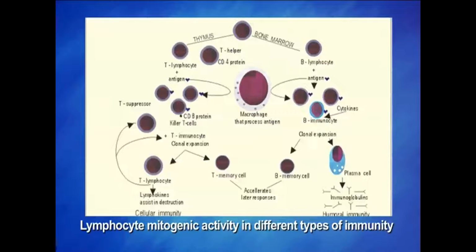But these two types of reaction are definitely mediated by different types of T cells. And not only that, this lymphocyte can assist in the destruction of certain cells at the time of immunity, or in other words, it may act as a blastogenic factor.